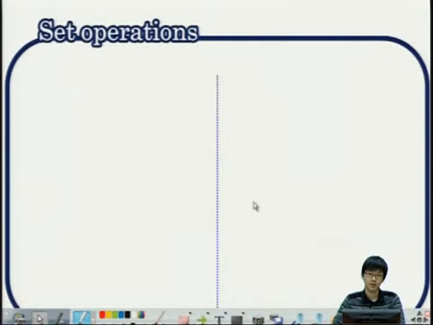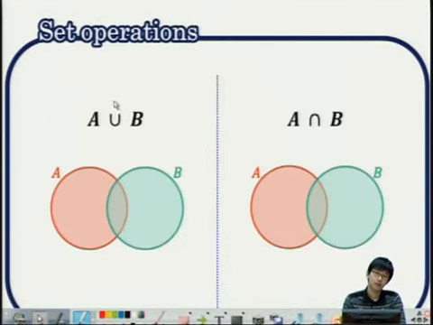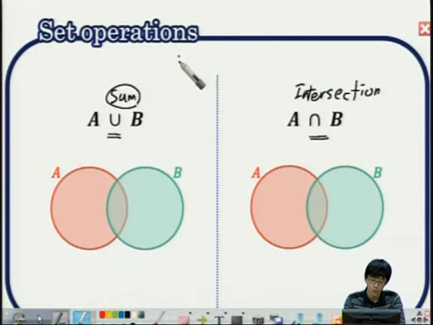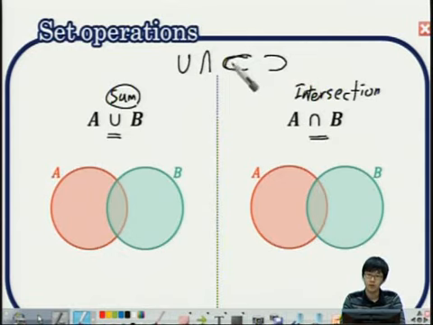So set operations. These two are the next concept: this is sum, and this is intersection. You have to memorize all these notations: going up, going down, and going to the left or right. These two are subsets, and this is sum and this is intersection.